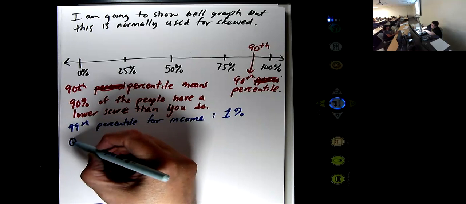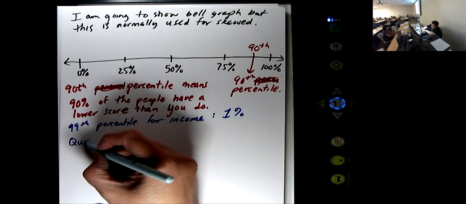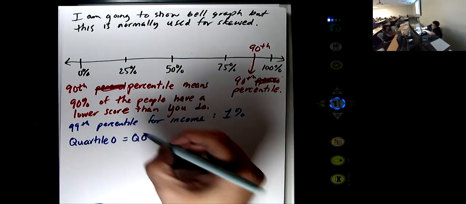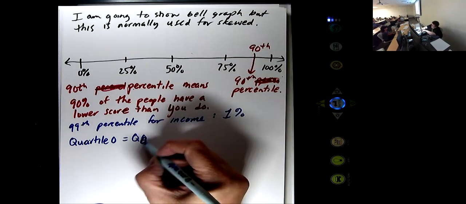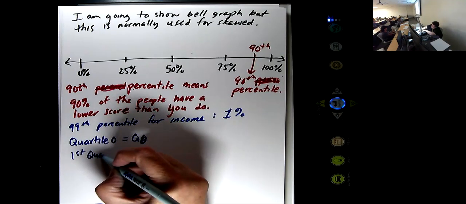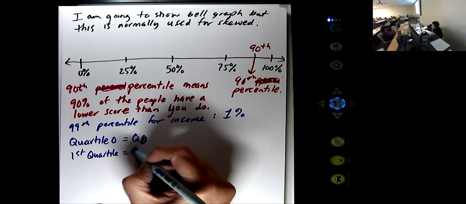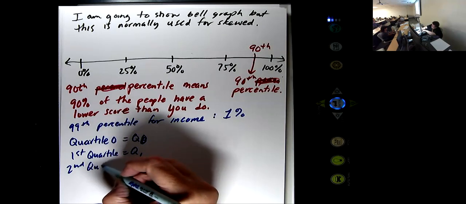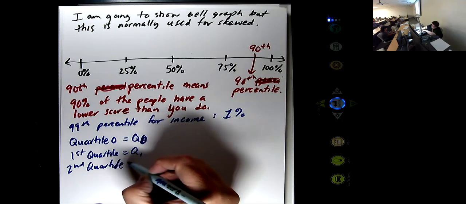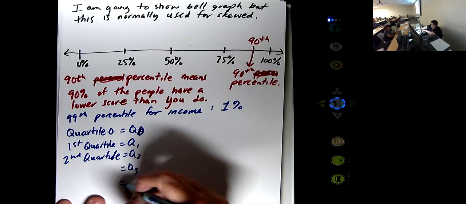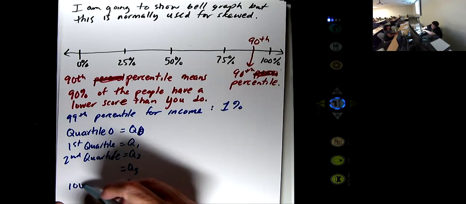So quartile 0, I'm going to call Q0. Q0 down below. The first quartile, I'll call Q1. The second quartile is Q2. I think you guys see the pattern here. And the 100% quartile is right there.